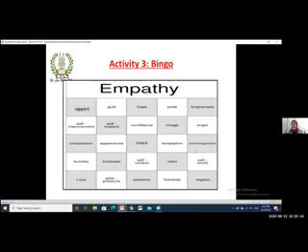Okay, again, you will take a screenshot of this table, and you write 5 sentences using these empathic words from your own ideas about a situation or a story. Then we will discuss your ideas. So please, Miss Amani, open the breakout rooms.